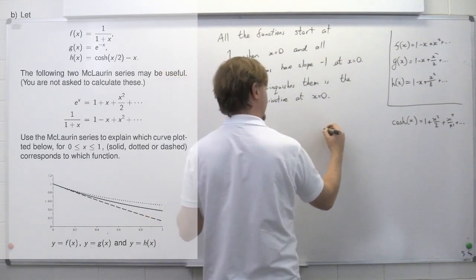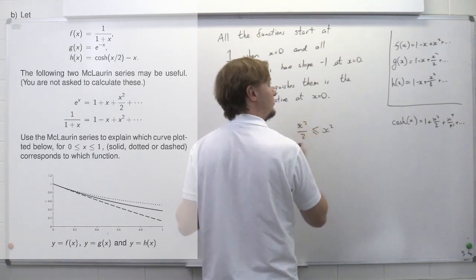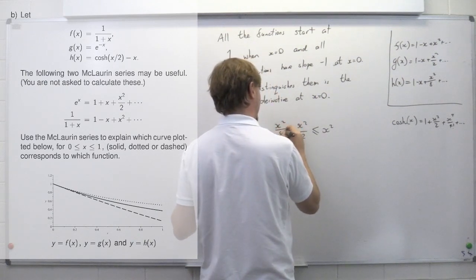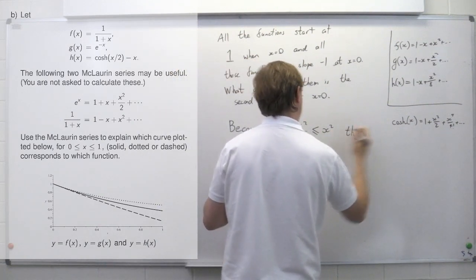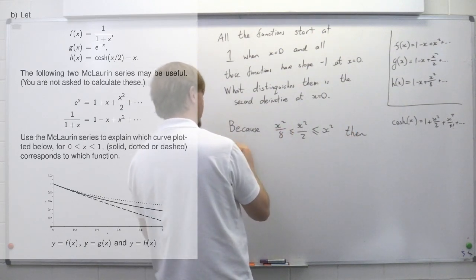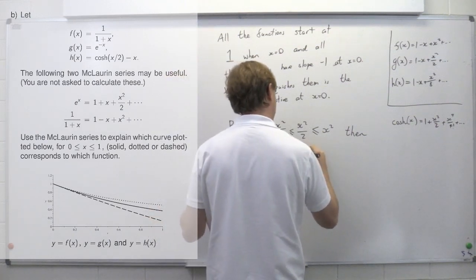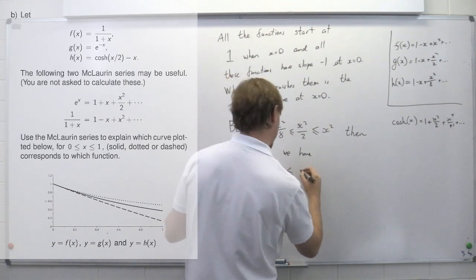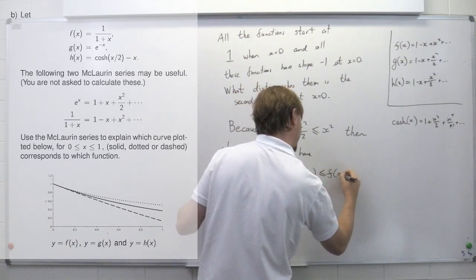You can see that x squared is going to be larger than x squared over 2, and that's going to be larger than x squared over 8. So because we can make this observation, then, well, I'm not sure what happens once we go too far away, but at least close to 0, I'm going to have that h of x is going to be smaller than g of x, and that itself is going to be smaller than f of x.